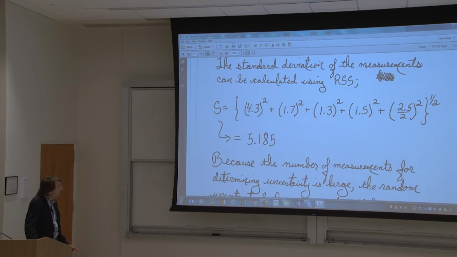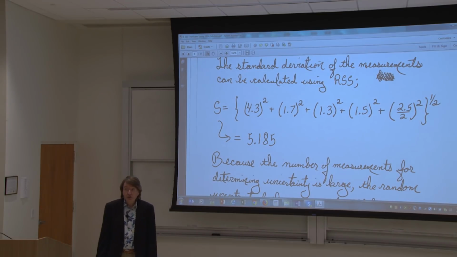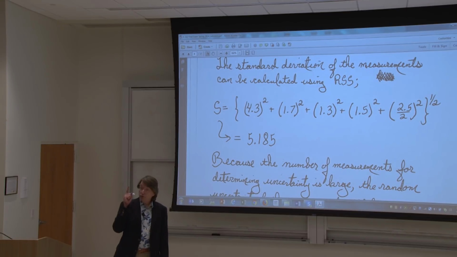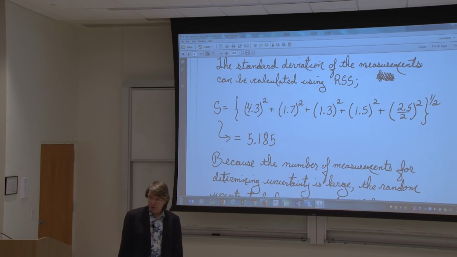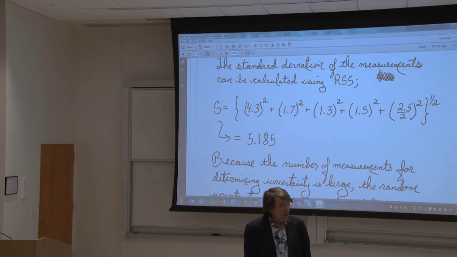So the random, now this is the standard deviation. This is the standard deviation. Is this the answer to the question? Sam, you're right. It is not the answer to the question. What we were asked to find is random uncertainty. What is the random uncertainty?